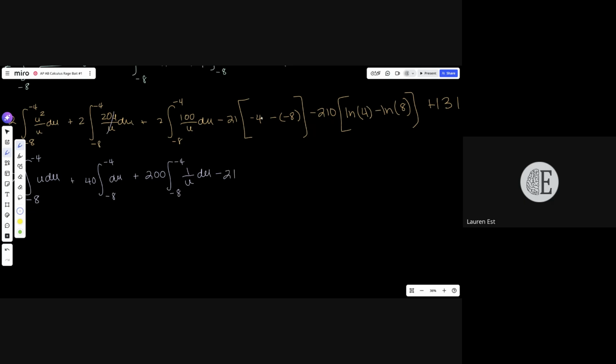Minus 21. -4 minus a -8 becomes +8. -4 plus 8 is 4. This, again, I can make 210 ln, just to keep my drawing consistent, 4 over 8.